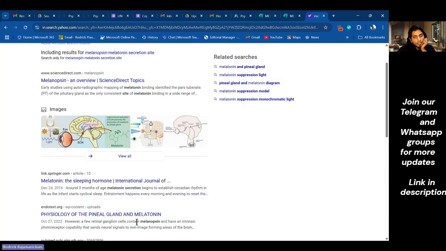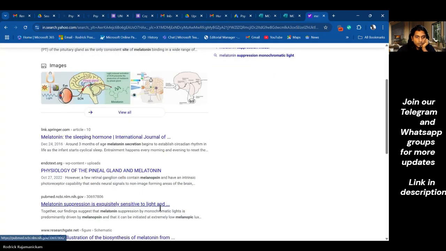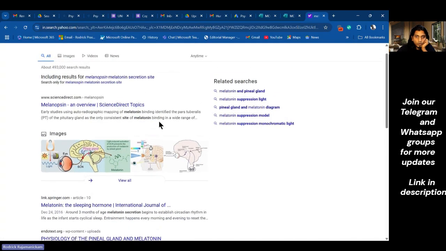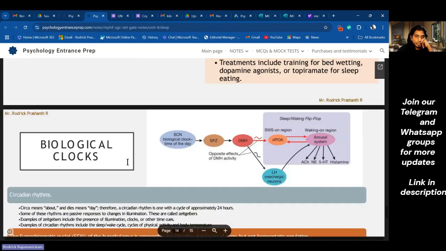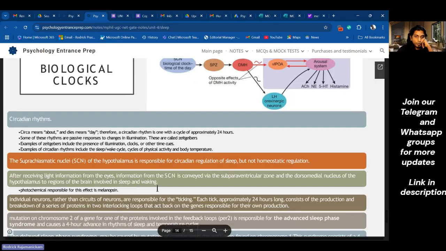The retinal ganglion cells themselves contain melanopsin. Okay. Right. So I don't know why my page is so weirded out. Okay, so we can have pineal gland as one of the major areas. So then I'll have to update the notes also. So it's not only the hypothalamus, we also have pineal gland involved in producing melatonin.